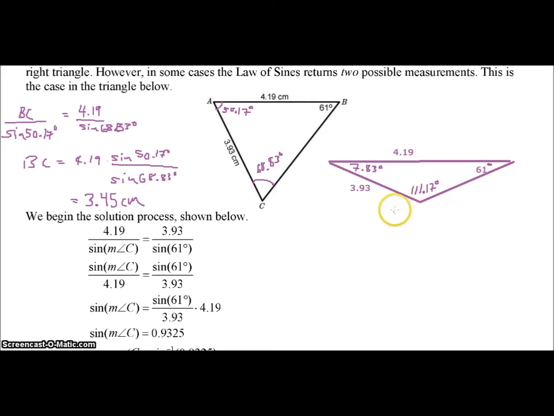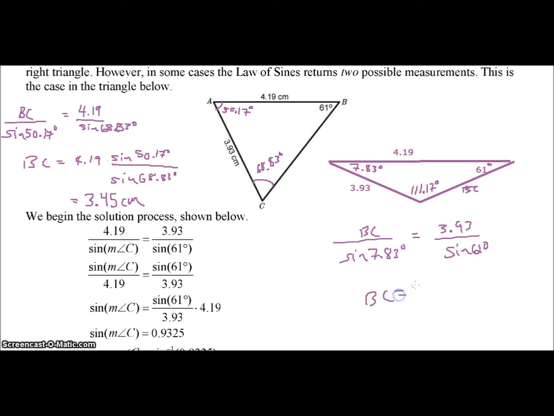Then we're just missing this side. We can call it BC. So BC over sine of 7.83 degrees equals 3.93 over sine of 61 degrees.